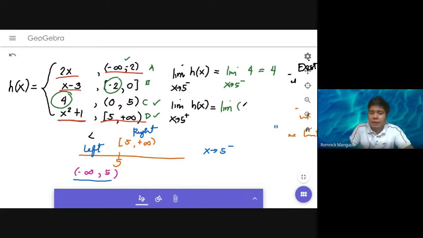So we have palitan ng h of x into x squared plus 1 as x approaches 5 from the right. So we now have palitan ang x ng 5. So you have 5 squared plus 1. So this will now give us 25 plus 1 is equal to 6.